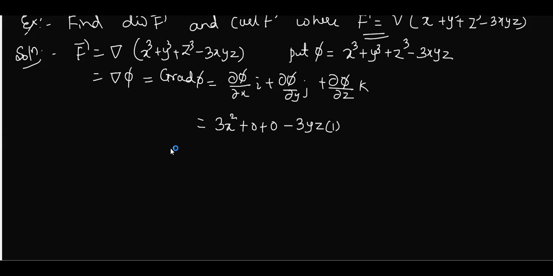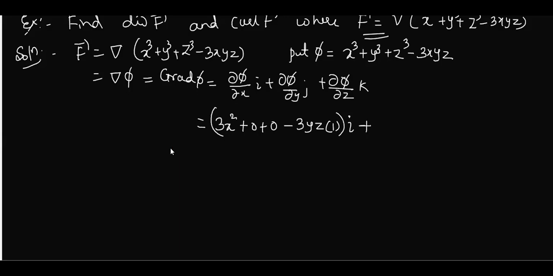What do I have to write apart from this for the first term? I. Better take a bracket because this i is for the whole thing. Otherwise, students write 3x square minus 3yz i, which means i is meant only for the last term. Don't make such a mistake.